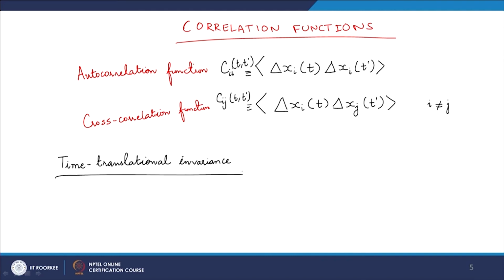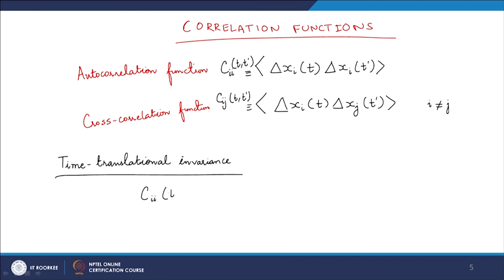And what it tells me is, if I look at the correlation between two time points which are separated by some delta t, and if I look at the correlation between two other time points that are again separated by delta t, those two correlations will be identical. That is to say, the origin of time is not important, only the difference between the two times contributes to the correlation function.